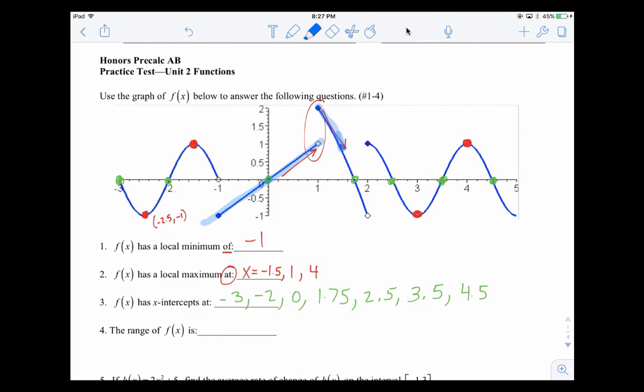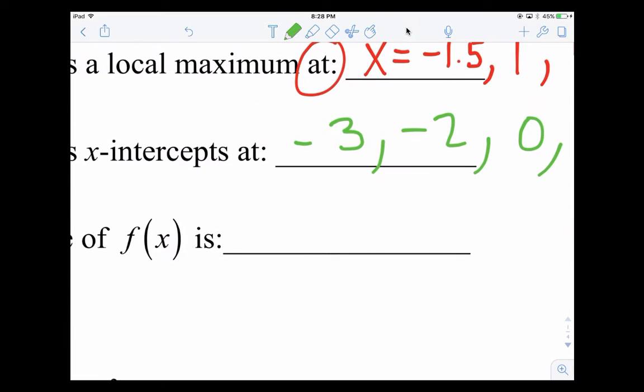So the lowest y value that you have is negative 1. The highest y value that you have is 2. And every value in between negative 1 and positive 2 is included. So that would be your range.